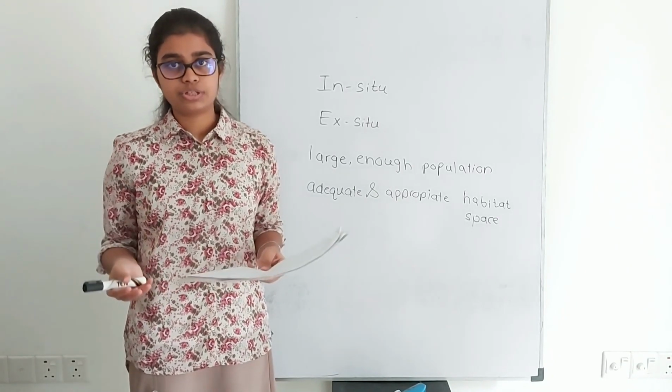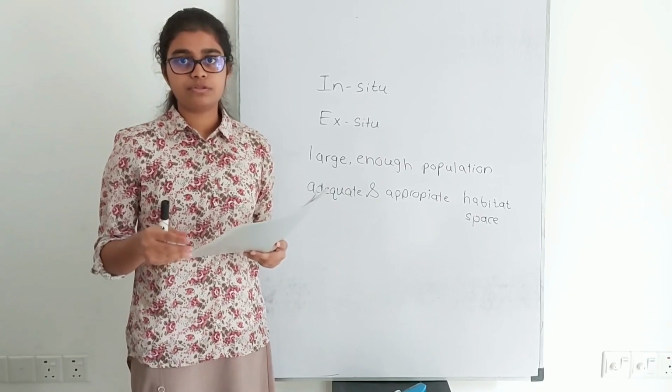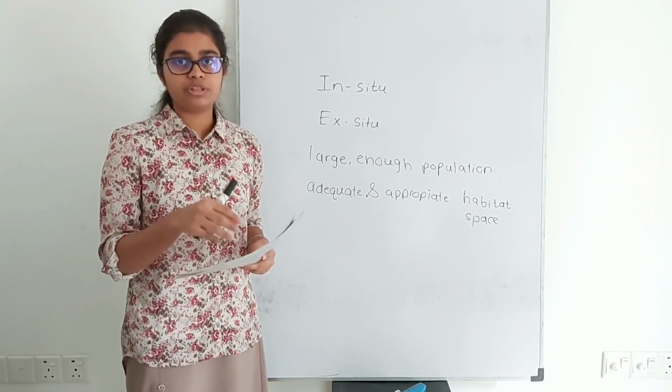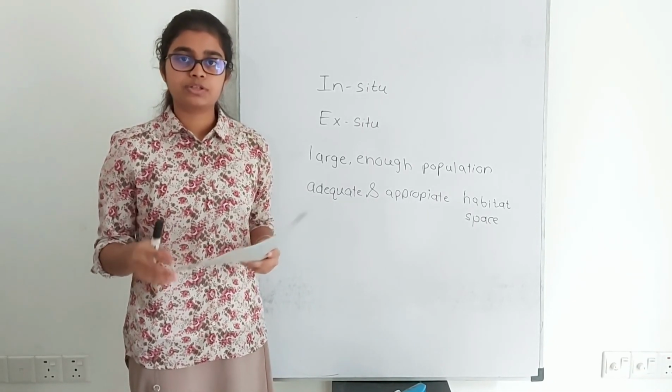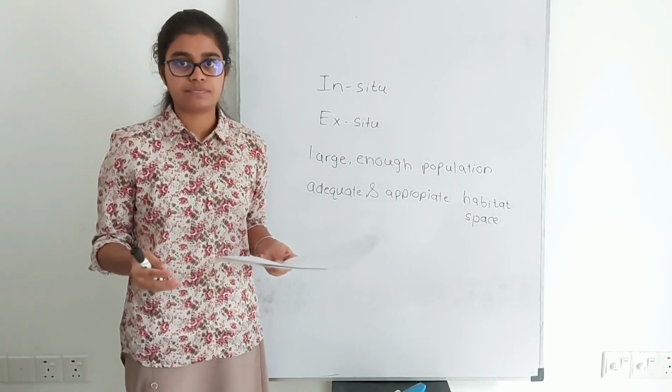Examples are zoological gardens and botanical gardens. There you might have seen that humans provide them with surroundings that are somewhat similar to their natural habitat. So that's what we do in ex situ conservation.